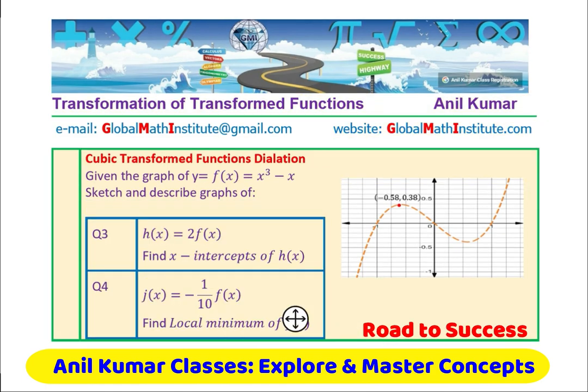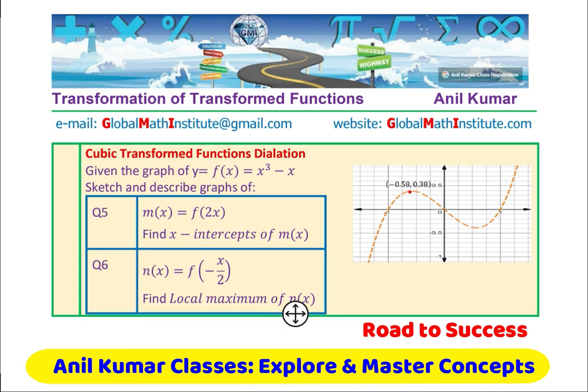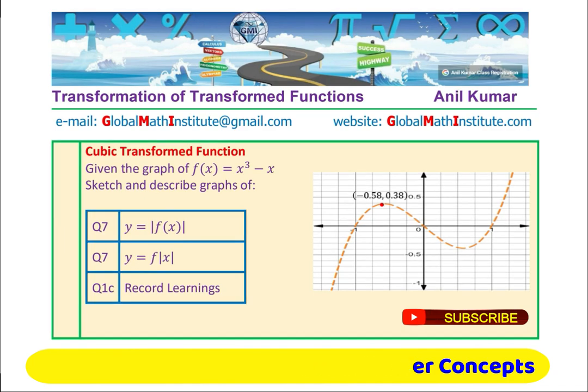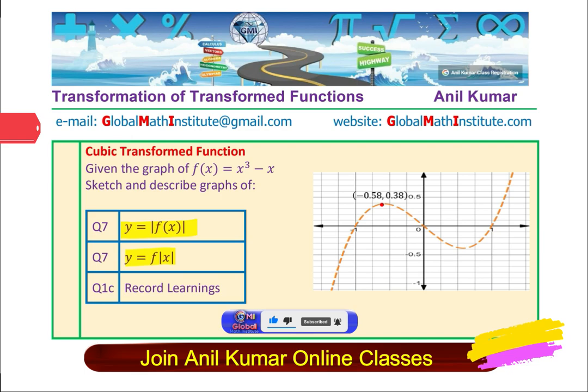In questions number 3 and 4, we're talking about stretches and dilations. In questions number 5 and 6, we're talking about horizontal transformations: stretches, compressions, and reflections on the y-axis. And then we have some very interesting questions about transformation when absolute functions are involved. I hope you will learn from these.